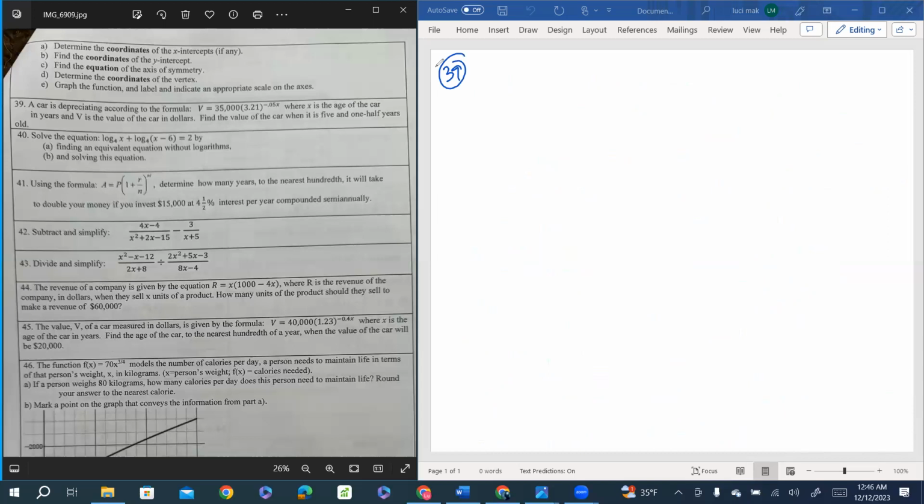All right, so for 39, we have a car that's depreciating with the equation v equals 35,000 times 3.21 to the power of negative 0.05x. x is the age of the car. v is the value of the car in dollars. Find the value of the car in 5.5 years.